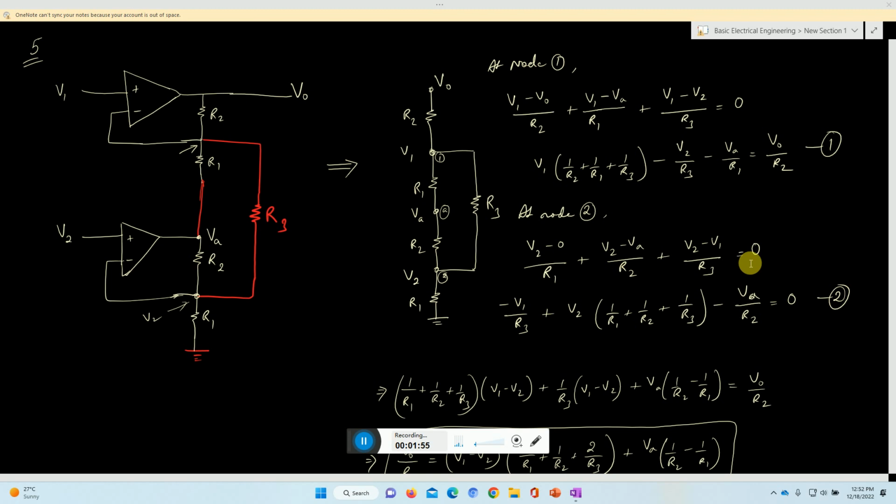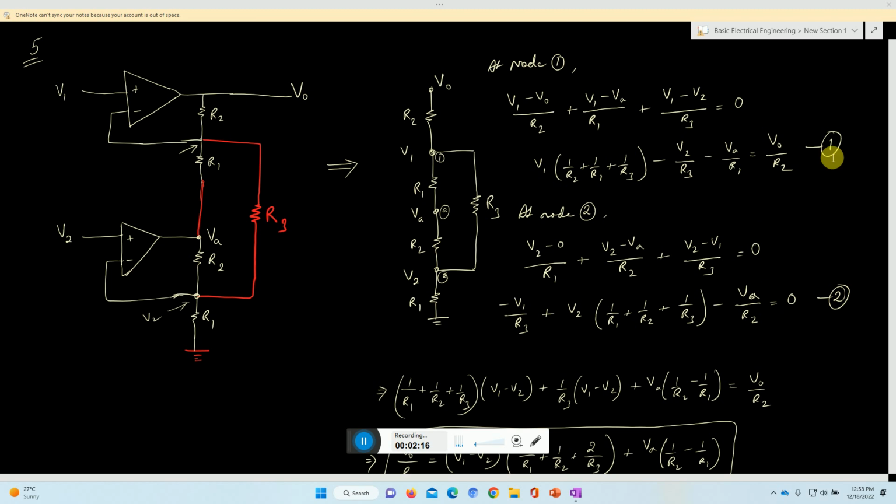Again we take all the V2 elements together, then V1 with its element, minus 1 by R3, and VA by R2, is equal to 0.